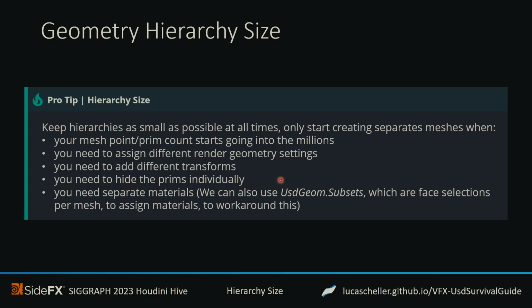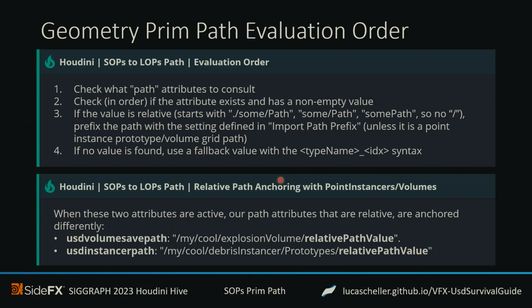So what you should not do is create a prim for every little thing. Instead, really balance it out. On the other hand, you should also not create a prim with 50 million points, because however you set it up, it's just going to get heavy. So it's a balance between the two. Here's a checklist of when you should start separating stuff and whatnot.